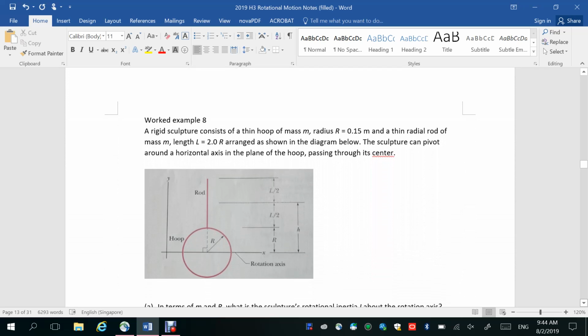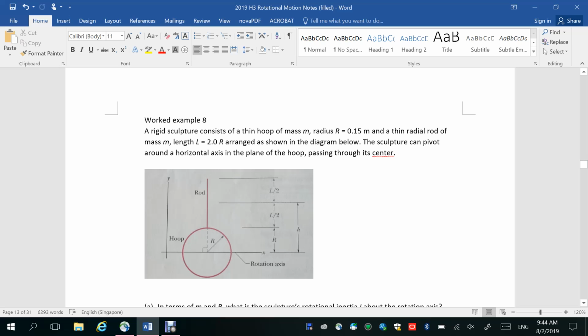Okay, here you're given a rigid sculpture, which consists of a thin hook here. So this is the thin hook, and the radius is given, the mass is given. Given another rod, the mass is m, same as that of the hook, and the length is 2.0 r, where r is the radius of the hook, arranged in the diagram below.